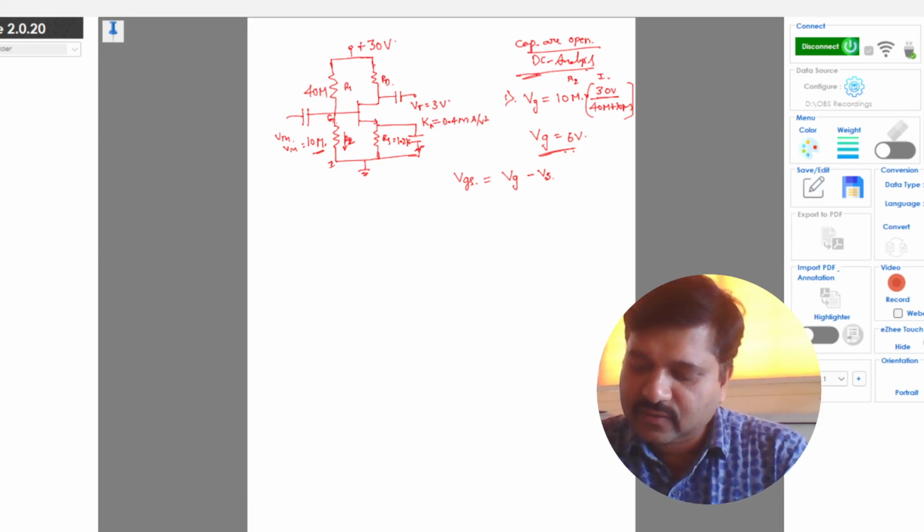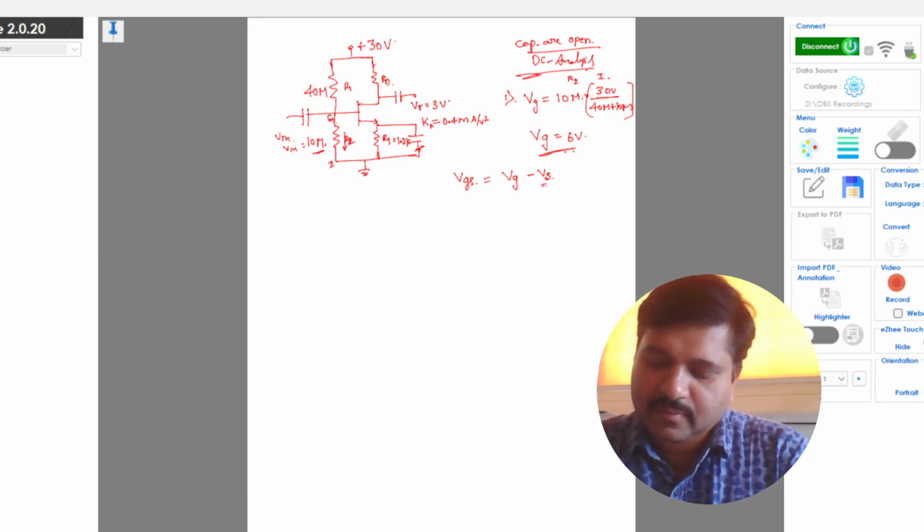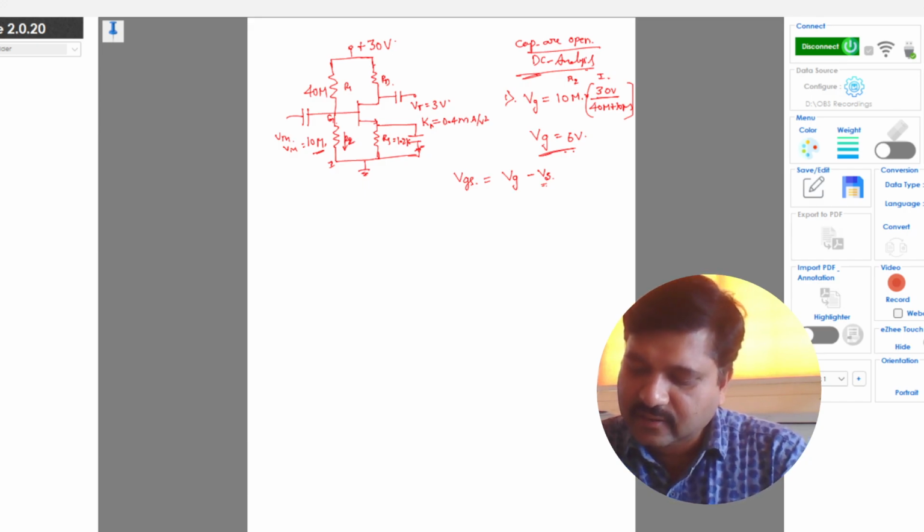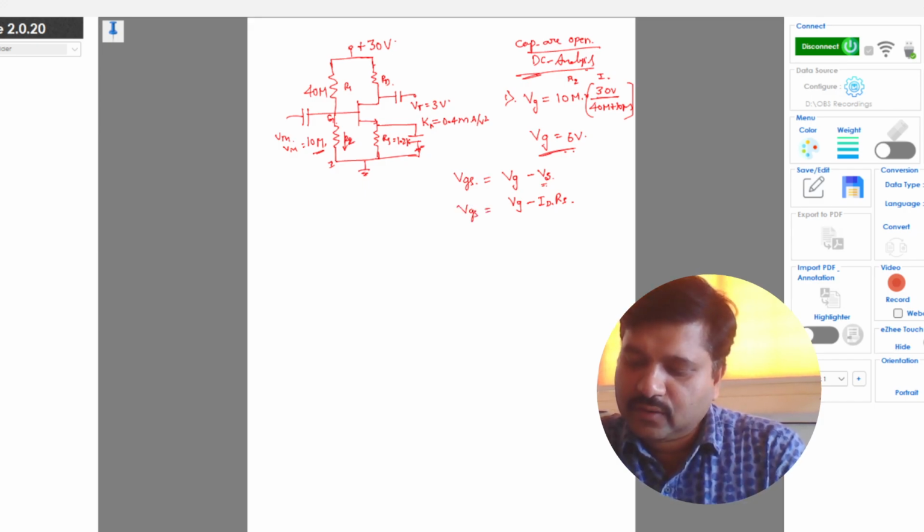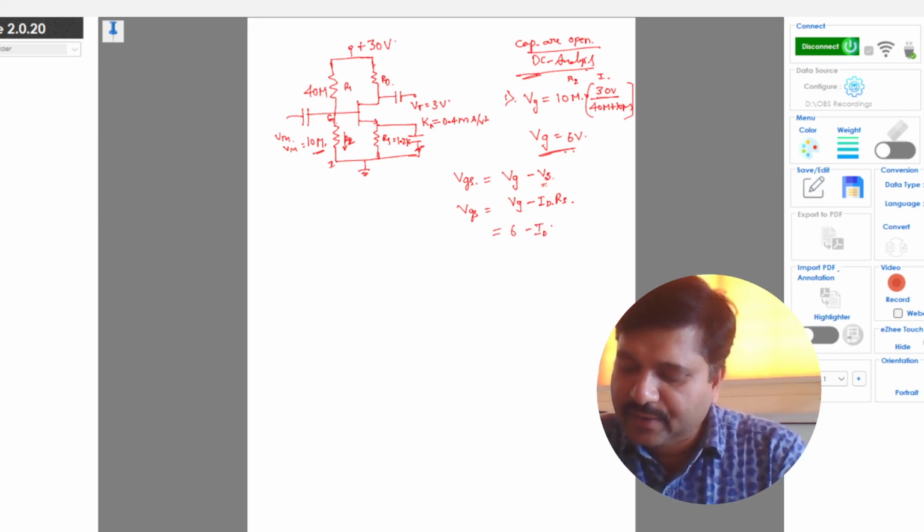So Vs is the voltage across resistance Rs, so this will be Vg minus Id into Rs. Vg is anyhow 6, so 6 minus Id into Rs.